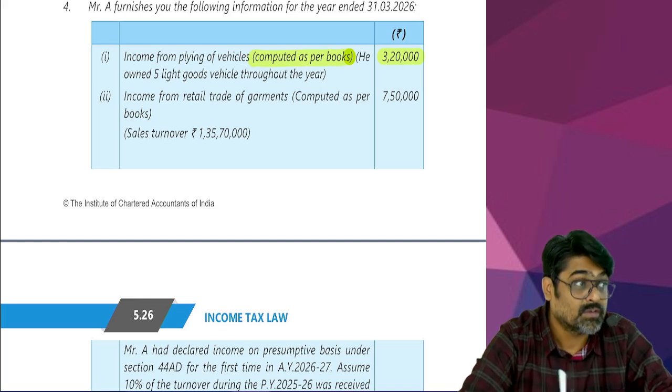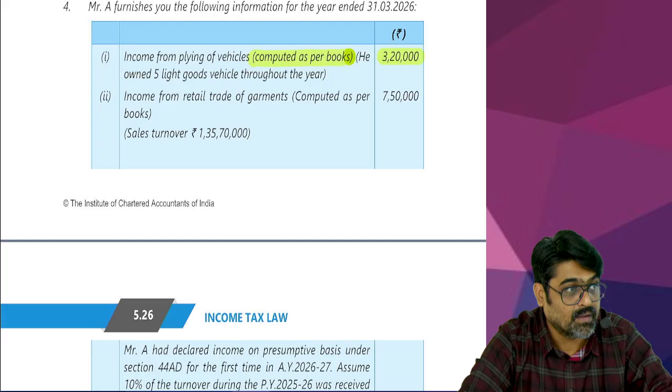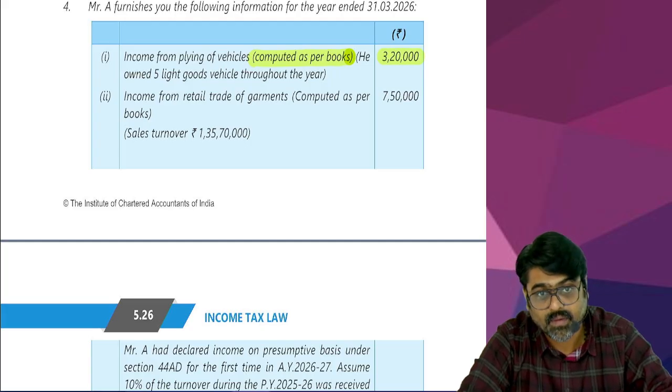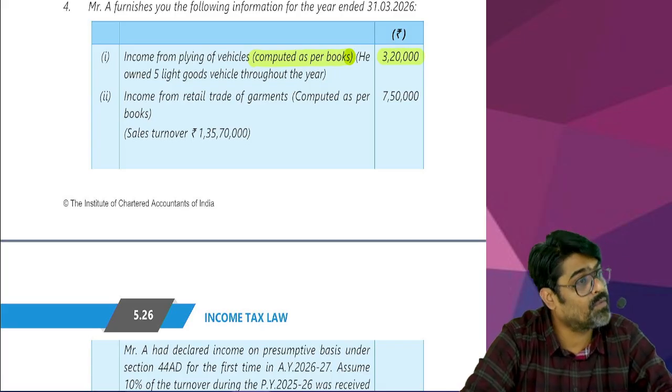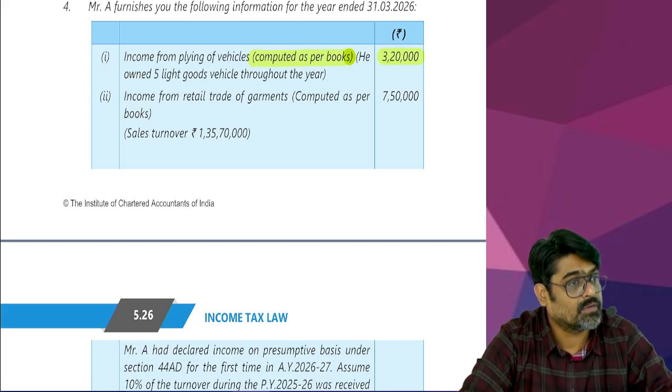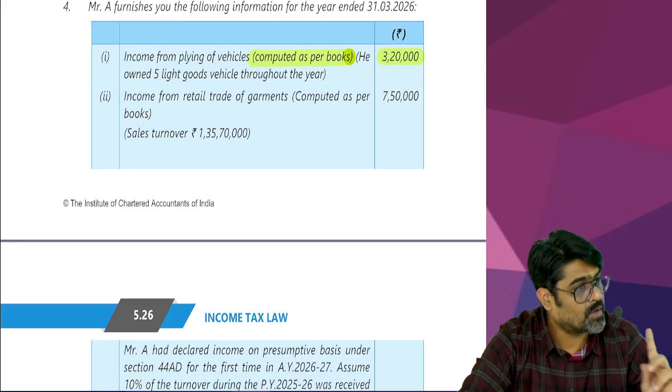How much? 7,500. Per month of ownership, part month of ownership. Yes or no? And for each vehicle. So how many vehicles are owned? Number of months of ownership, they have told you? No. So we'll assume that he owned for the full year. So for 12 months, 7,500 for one vehicle. How many such vehicles? So minimum.